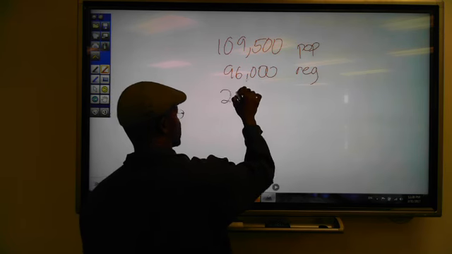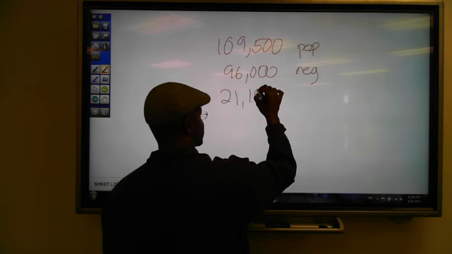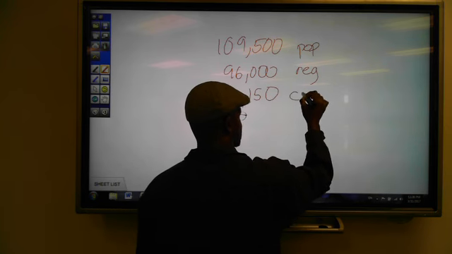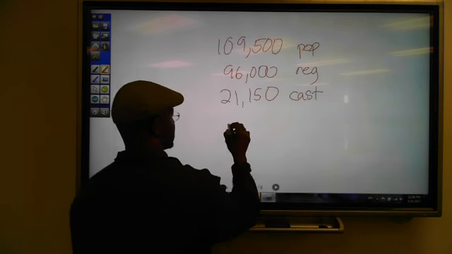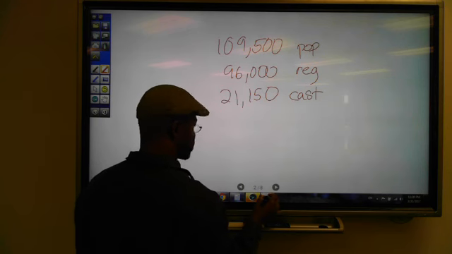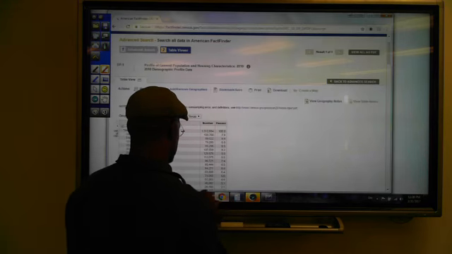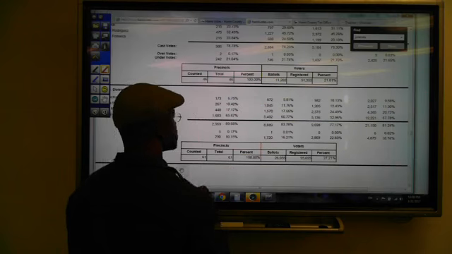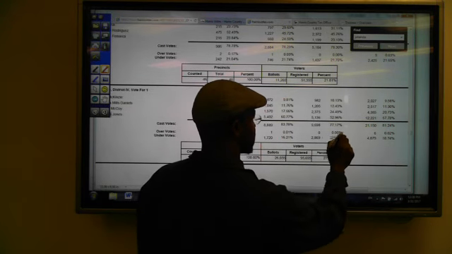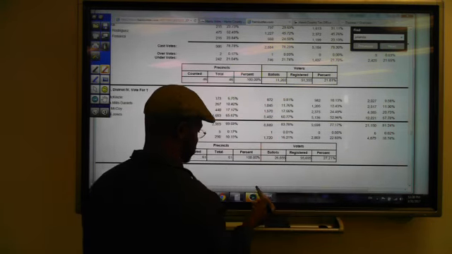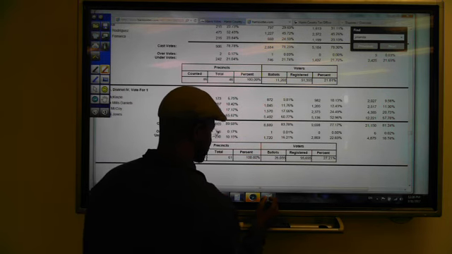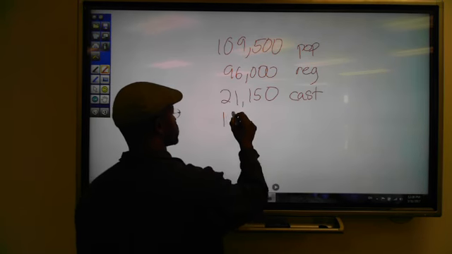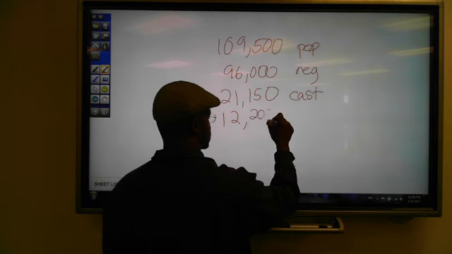We had 21,150 cast. That's the actual votes that were cast. I'm going to use rough numbers. And then she won how many of those votes? She won 12,220, but let's use round numbers, 12,200. She won 12,200 of those votes.